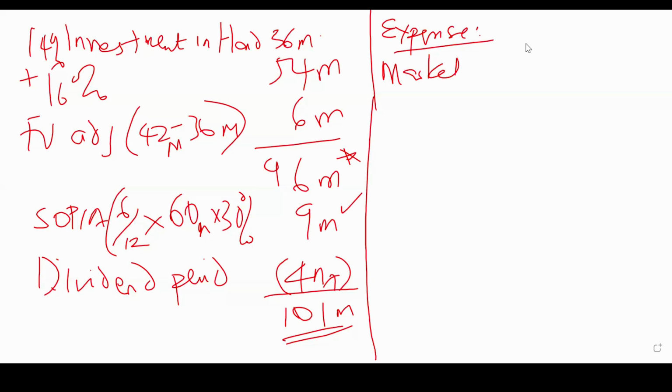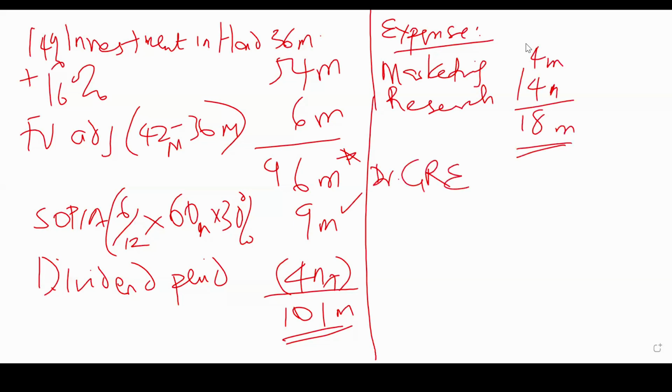Research, or you can call it research, was 4 million to expense. Okay, how do we do that? So I will just debit group retained earnings. I'm going to subtract 18 million there.